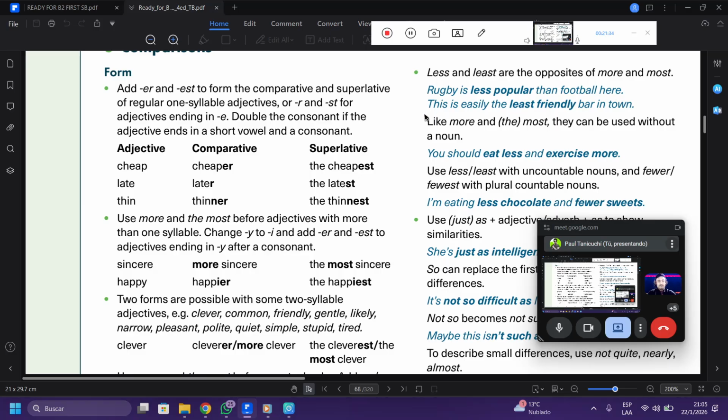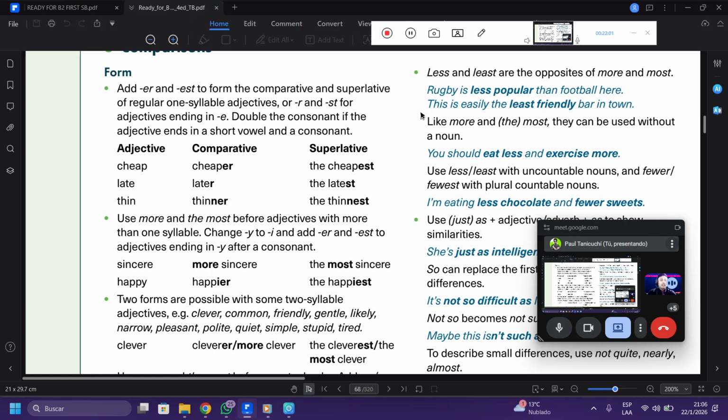Yeah, sorry, I could say Chihuahua is the least friendly animal, for example. Friendly than Pitbull could be. In this case, we don't have to use than because it's a superlative. With less, yes, than.